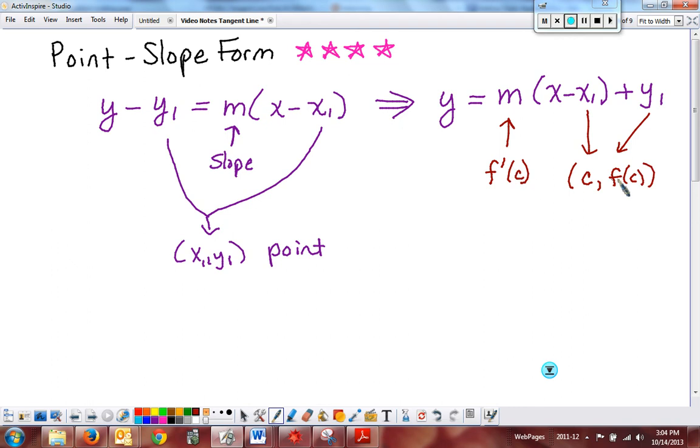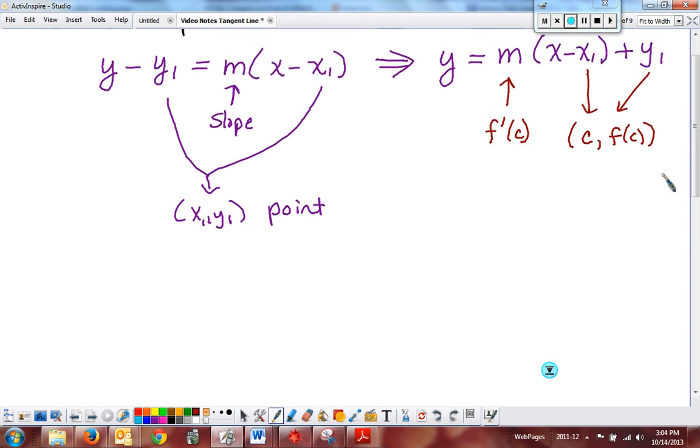So we're going to essentially be given these pieces of information when we find the derivative. And so all we have to do is plug them in. So for the example that we're looking at, I believe on this one it's asking you to find the equation of the tangent line at x equal to -1.